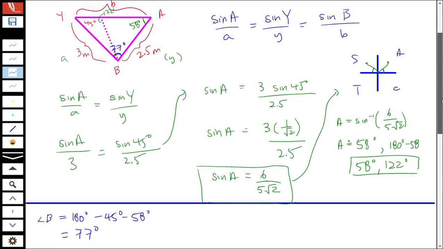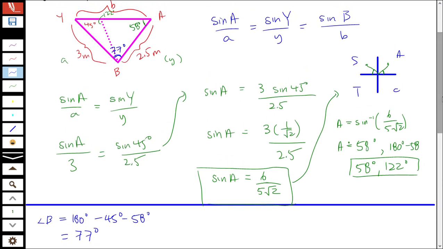If you were to use a sine law, then you will use these two side lengths or even these two, and then you'll have to set it up with this ratio, and then you can solve for the length B. Or you can also use a cosine law by using angle 77, 3, and 2.5 and calculate for the side length that's across from 77, which is the length of B.